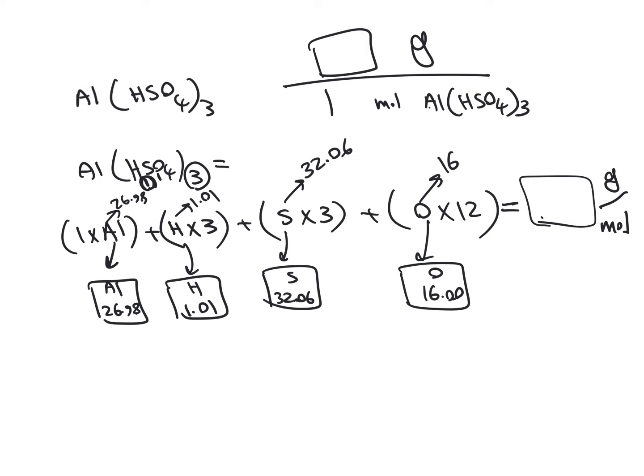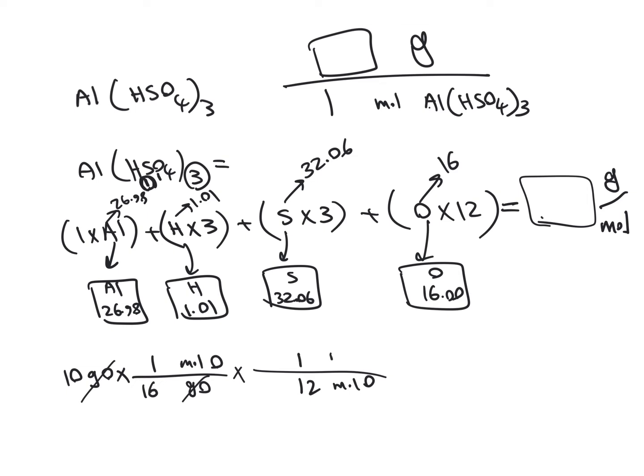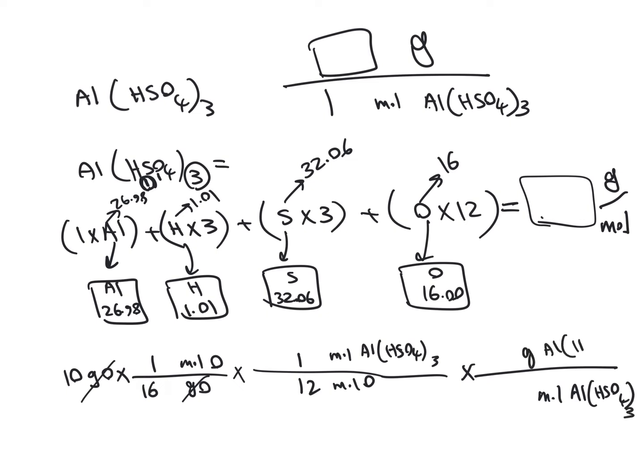And to just summarize, I gave you 10 grams of O. You converted grams of O to moles of O by molar mass. You converted moles of oxygen to moles of your compound by the chemical formula. And you convert moles of your compound to grams of your compound by molar mass, and that would be this number here.